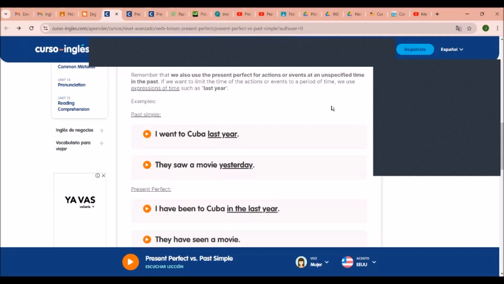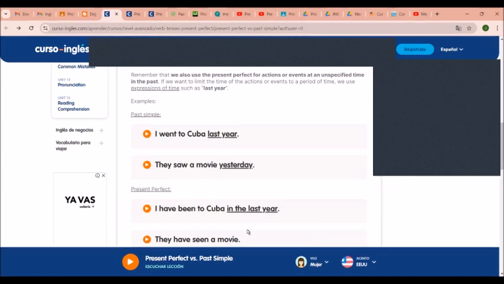All right. Now, notice here we used last year, very specific. Yesterday, very specific. We want to identify the time the event was completed. But we're not really concerned with time expressions of completed time in present perfect. In the last year is the time period of 365 days, the whole period, or just specifically, I've seen a movie.